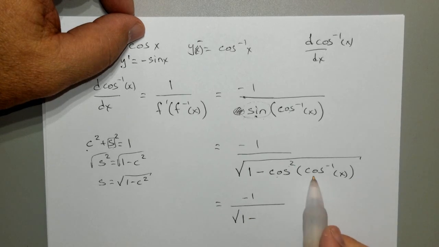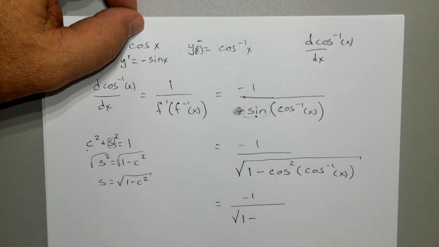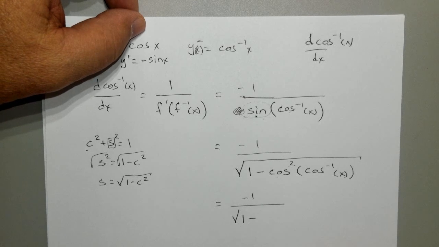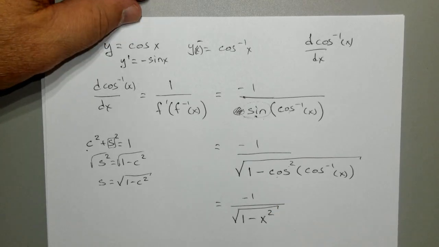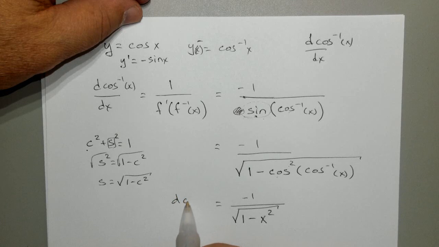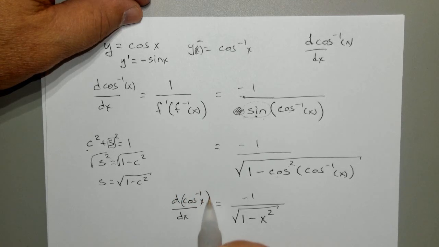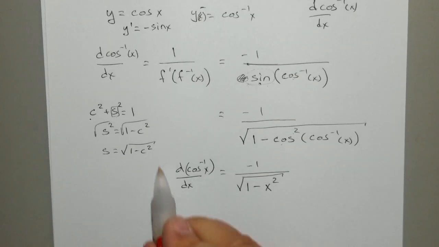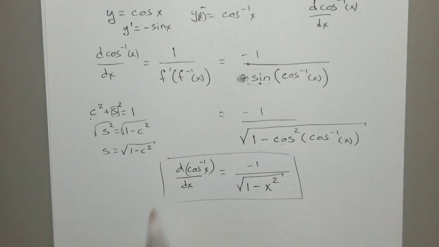Cosine squared of inverse cosine is what? The x squared, exactly. So there we have the derivative of the inverse cosine.